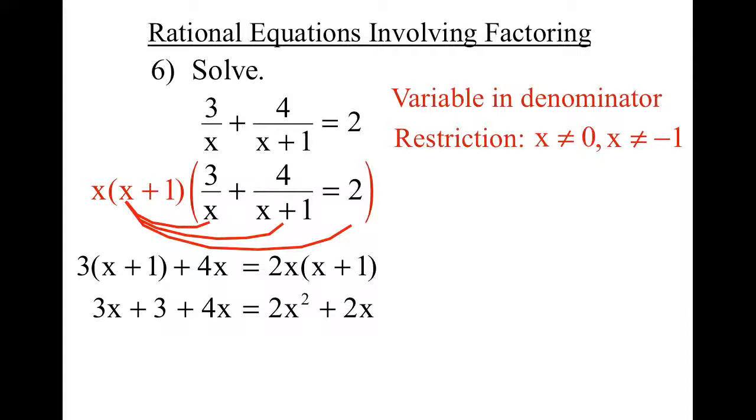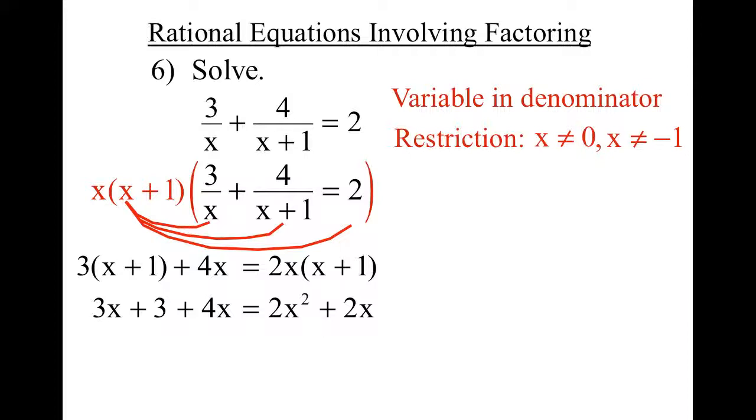Now we want to subtract everything to one side. Now when you're factoring, remember, if I'm subtracting everything to one side so I can use the zero product property, I want to make sure my quadratic, my squared term, is positive.